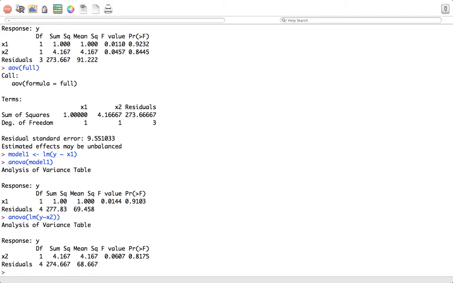And our total sum of squares, 4.17 plus 274.67, 278.84. I really debated whether or not to just go ahead and have all this calculated. Actually, I did calculate it for this particular data set, but I wanted you guys to see, again, just so there's no misunderstanding on things.